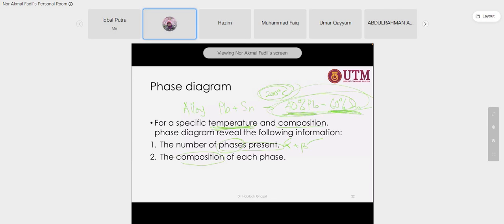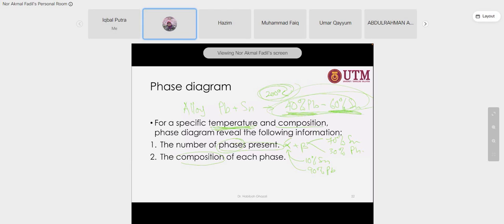For example, in beta at this temperature, it contains 70% tin and 30% lead. For this alloy at this point, for alpha, maybe it contains 10% tin and 90% lead. This kind of information you can have, and it is useful for a certain purpose.